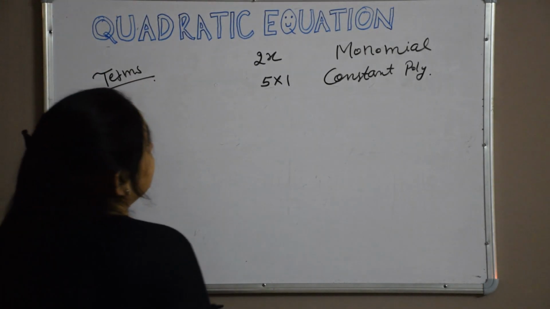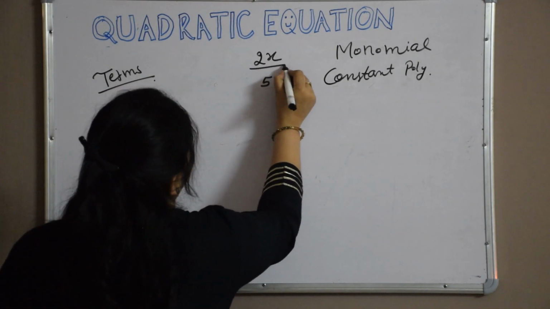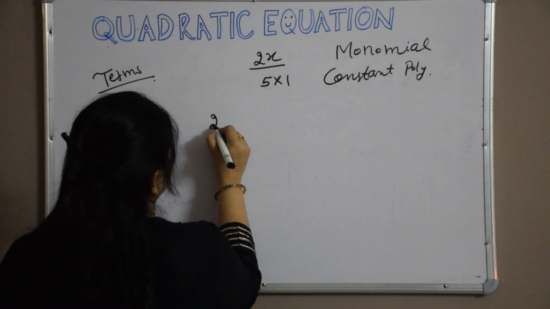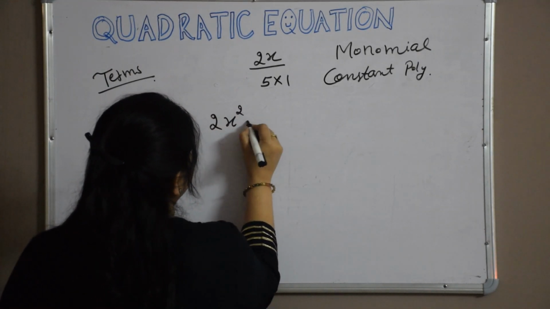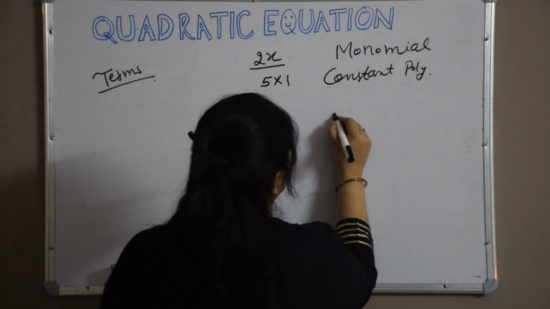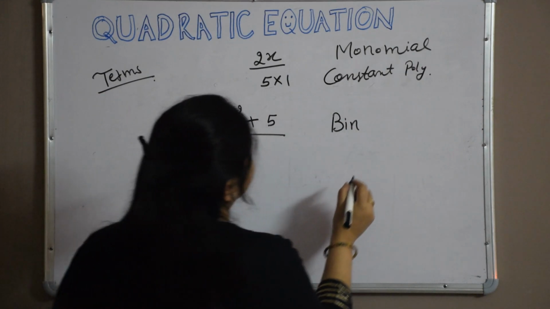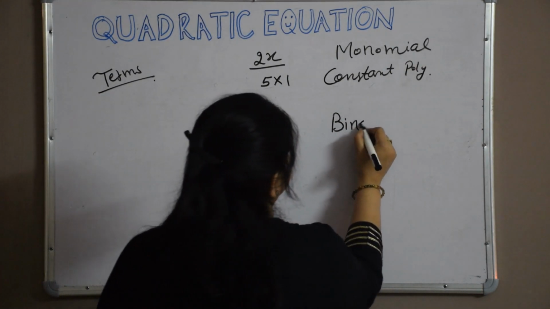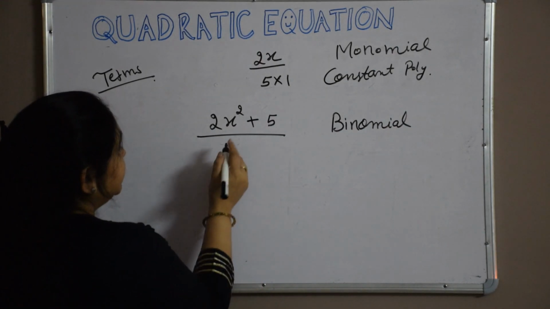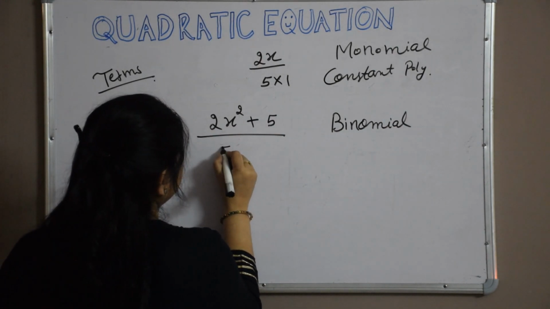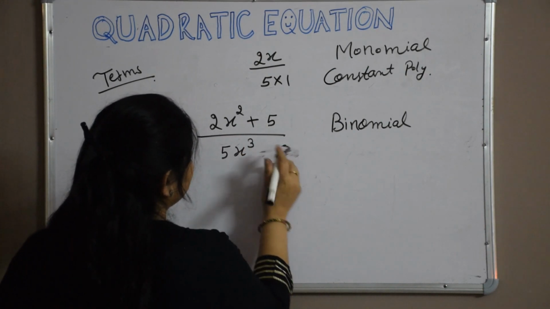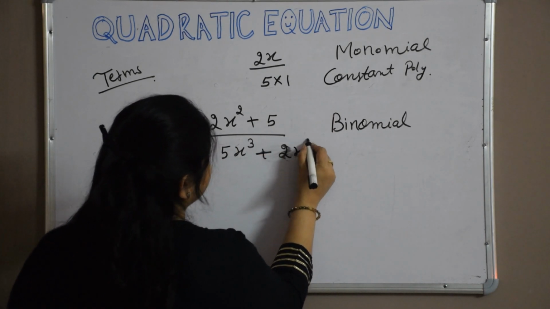So monomial is any polynomial having only a single term, and any polynomial having two terms is called binomial. These two terms can be anything, they are not fixed. I can take like 5x cube plus 9, 5x cube plus 2x square.